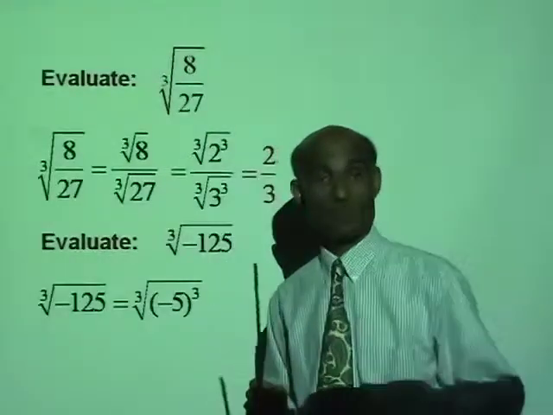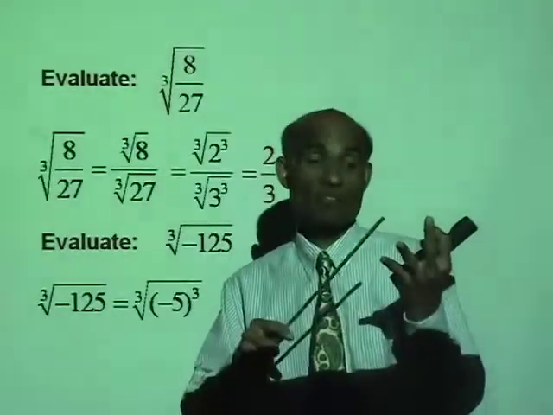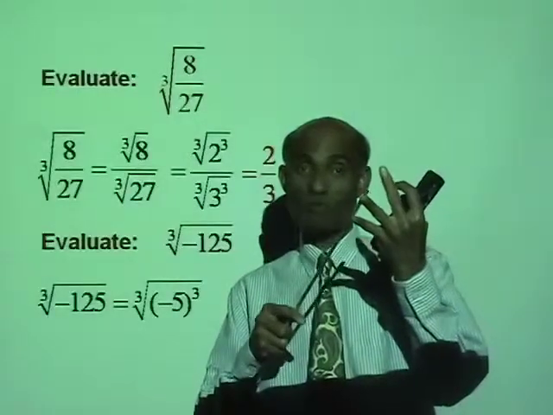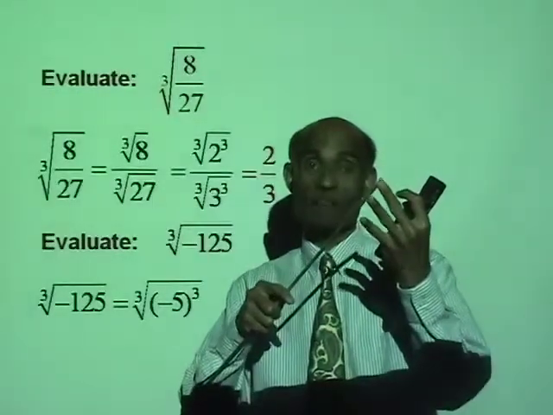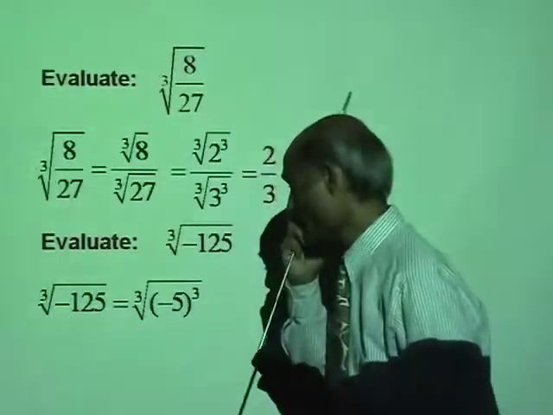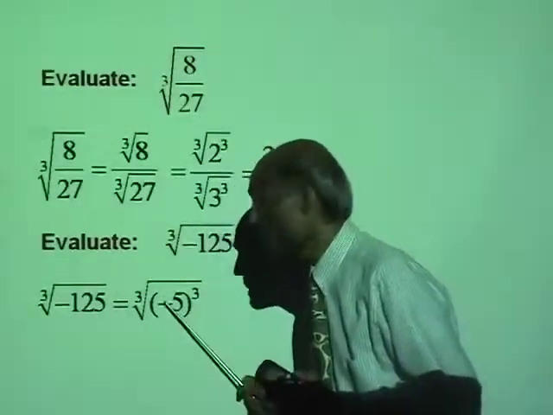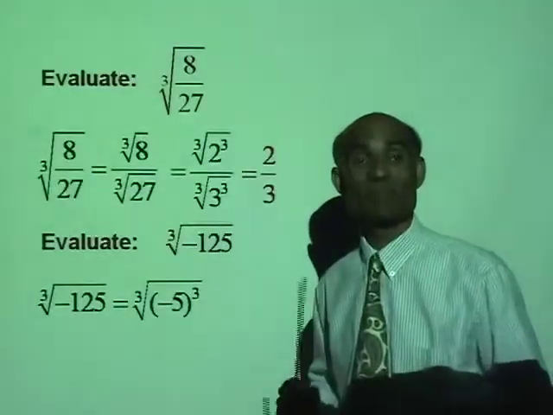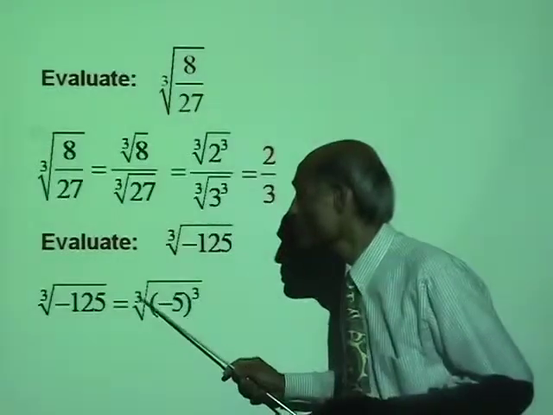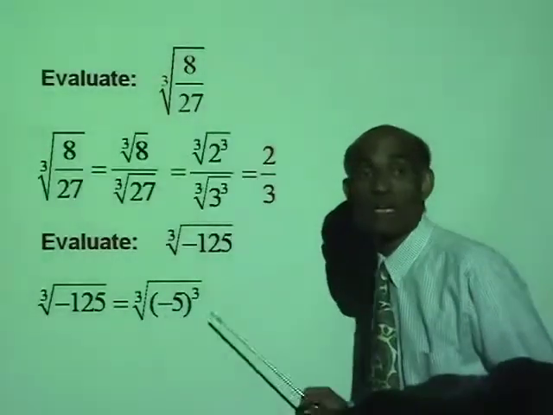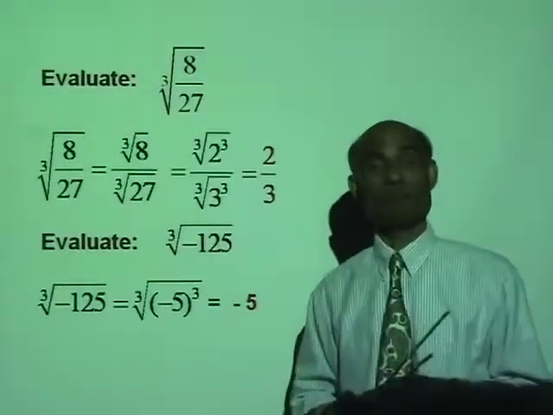Is that right? Because negative 5 times negative 5 is positive 25. Positive 25 times negative 5 is negative 125. So, negative 125 is negative 5 raised to the power of 3. And therefore, the cube root of negative 5 raised to the power of 3 is negative 5.